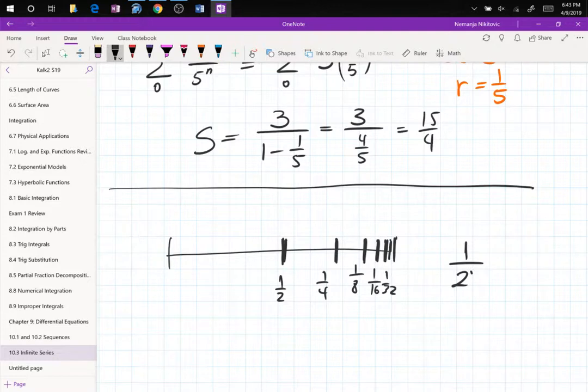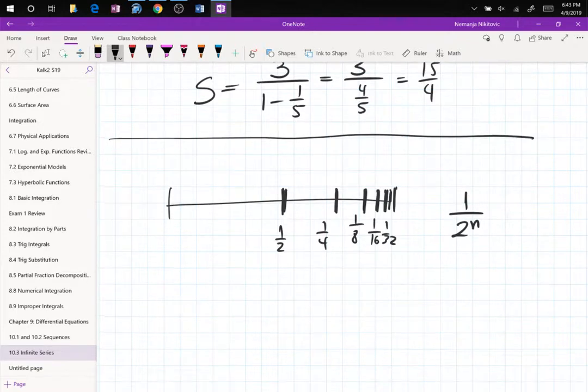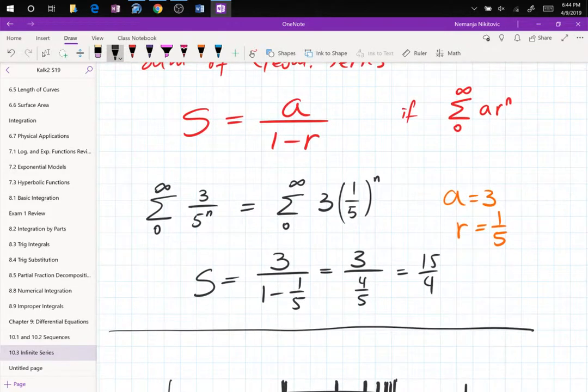Clearly you are talking about the sequence 1 over 2 to the n. Now, what do we know about our sequences? You put the limit, n goes to infinity, 1/2 to the n becomes 0. So, going back to my series, this is an awesome thing, right?